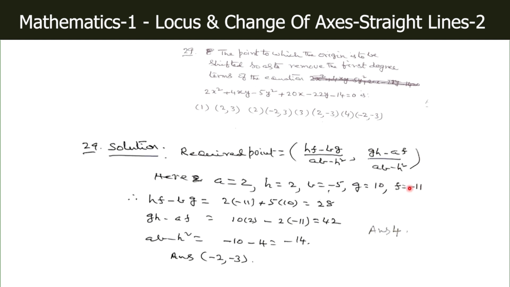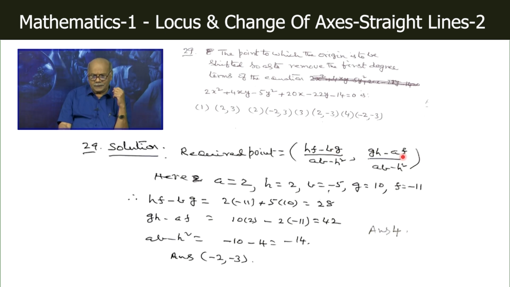So, therefore, to remove the first degree terms from the second degree equation, you have to shift the origin to the point (hf minus bg) by (ab minus h square), and (gh minus af) by (ab minus h square).